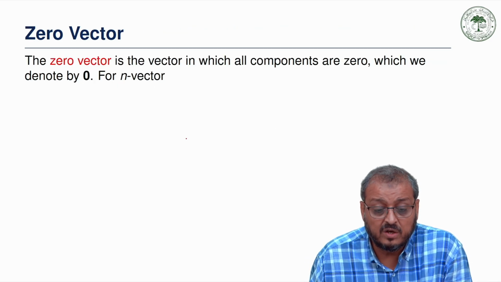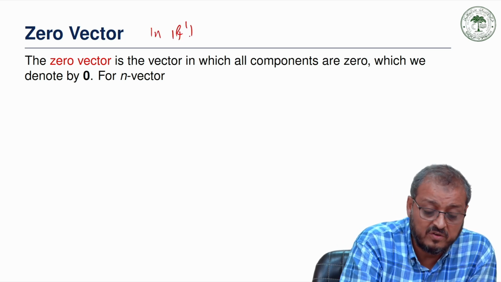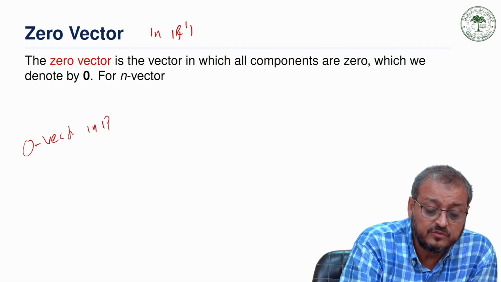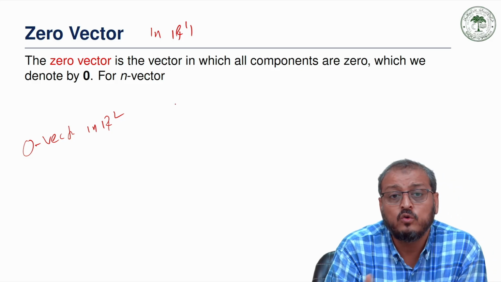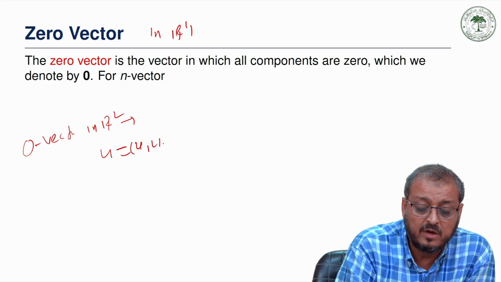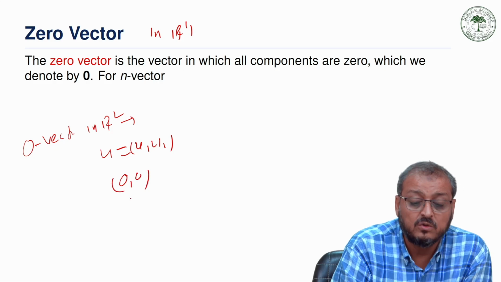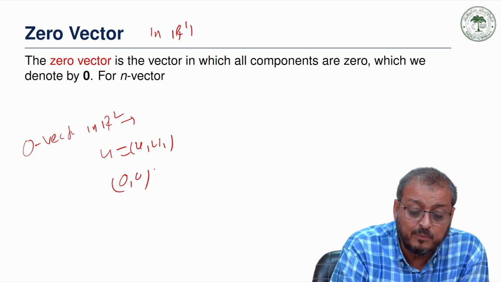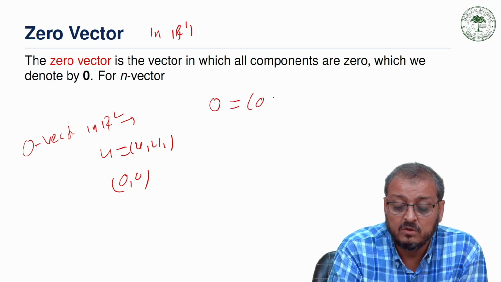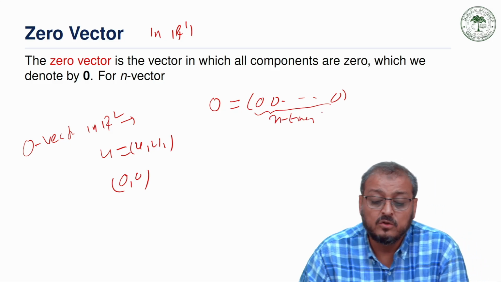Now we come to the zero vector in Rn. First we take a zero vector in R2. R2 is a two-dimensional space, so an element u has components u1 and u2, and the zero vector of this is nothing but (0, 0). The zero vector is a vector whose components are all 0. For n components, the zero vector is (0, 0, and so on, 0), n times, in R to the power n.